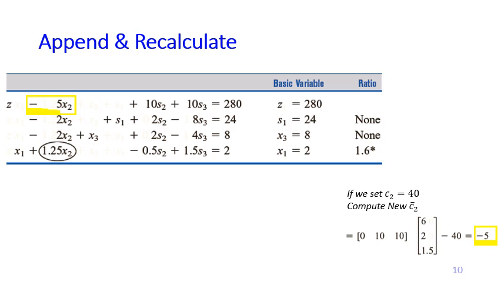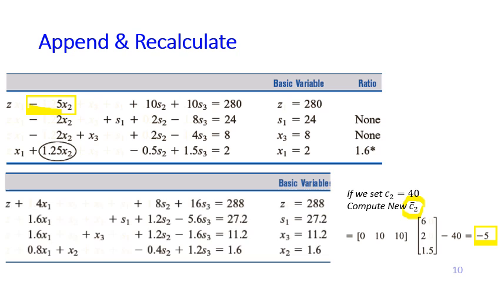Once you've done this, you perform the simplex algorithm as usual, and you get the new optimal table with respect to the new price of x2, which is 40.